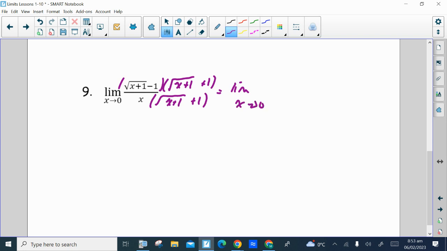So on top, when you FOIL this out, the root of x plus 1 times the root of x plus 1 is x plus 1. The outer and inner products would cancel. So you're just multiplying the last terms together. Negative 1 times a positive 1 is a negative 1.